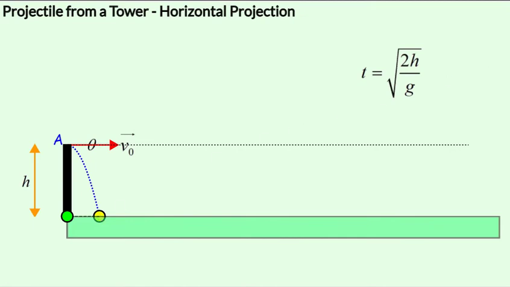Let's see what would happen. Well, its range increases, but the time of flight remains the same for both balls. So both of them continue to fall together, the green released from rest and the yellow imparted a horizontal velocity.